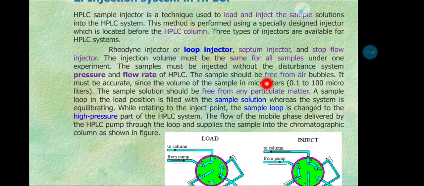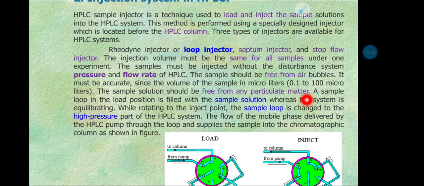The sample should be free from air bubbles, as we have already discussed, that means free from all gases, which should be removed by the ultrasonicator. It must be accurate. Since the volume of the sample is in microliters, that is 0.1 to 100 microliter, the sample solution should be free from any particulate matter.